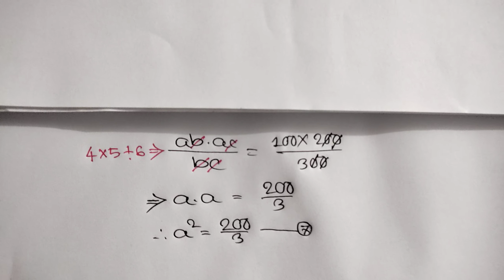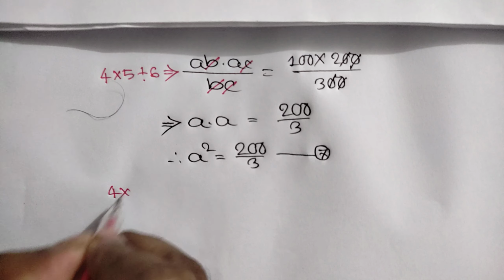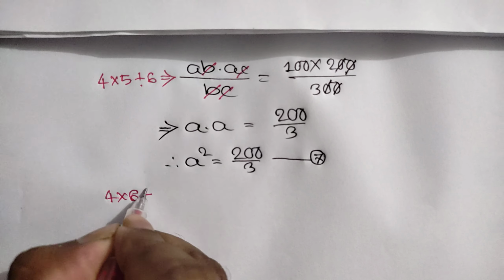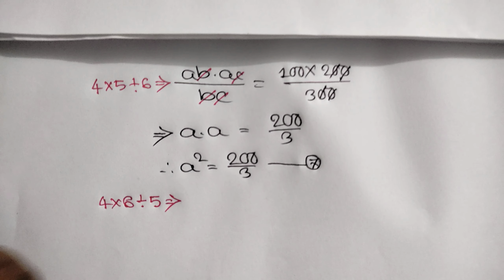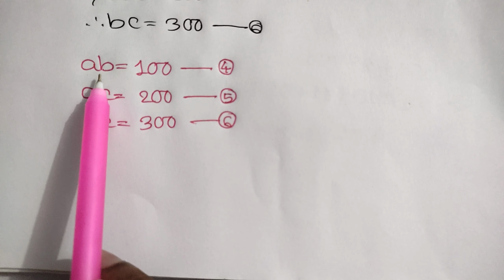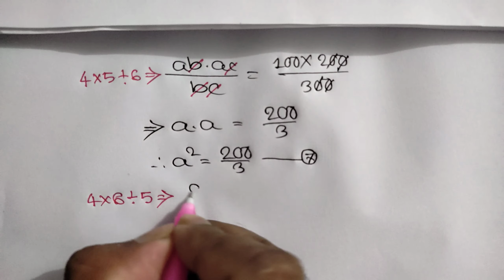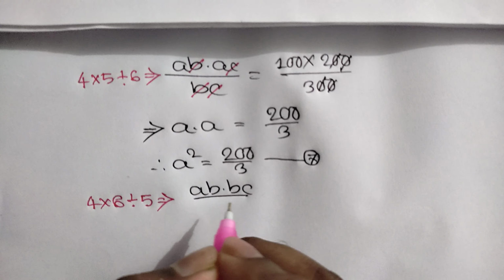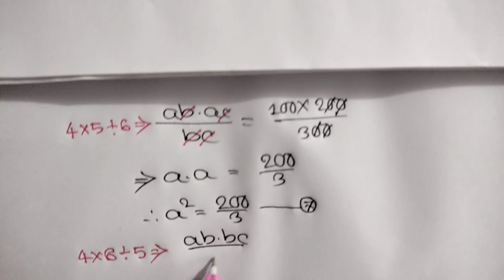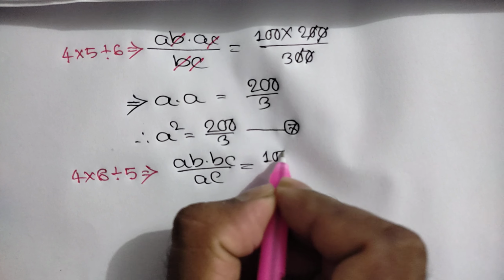Okay, now multiplying 4 and 6 and dividing by 5, 4 times 6 divided by 5, we can write here AB times BC over AC is equal to 100 times 300 over 200.